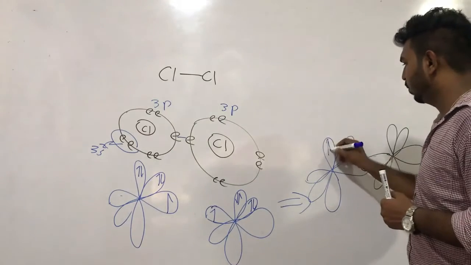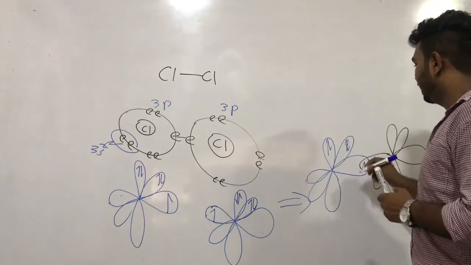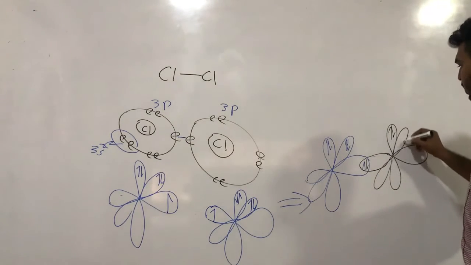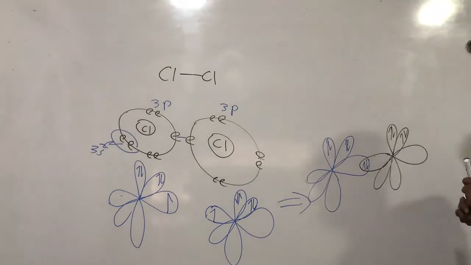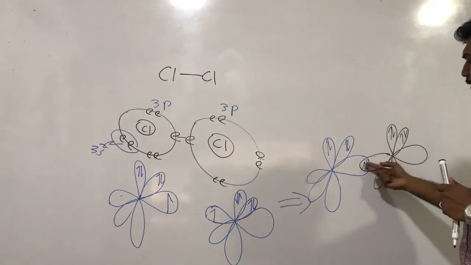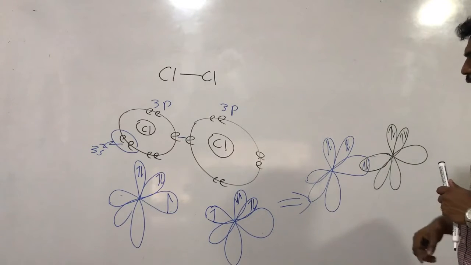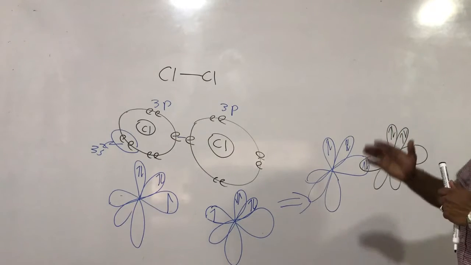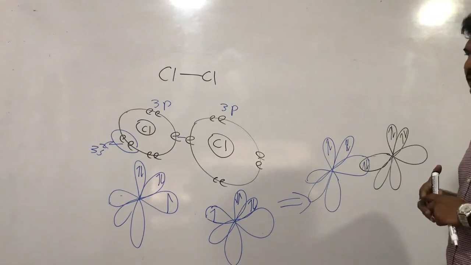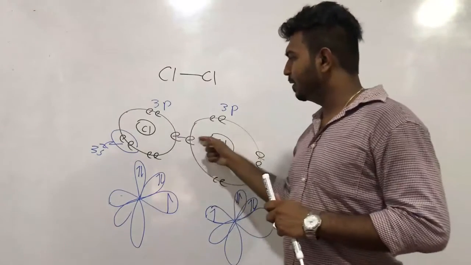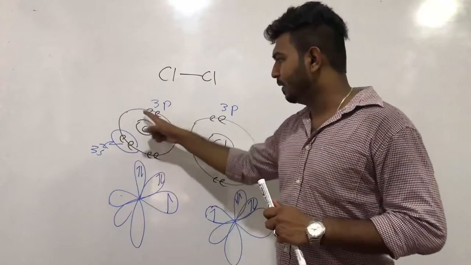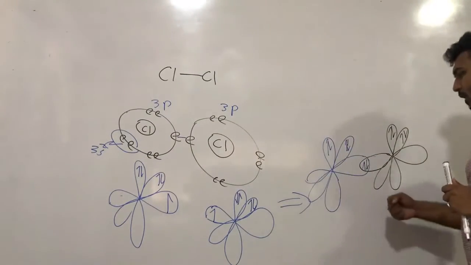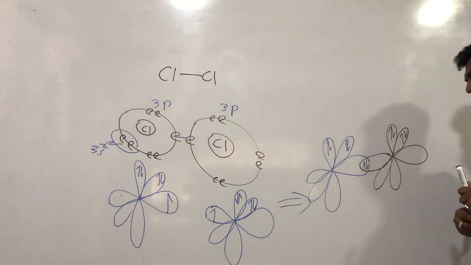Since this one has 2 electrons and 1 electron here, and there is another electron, now we can see these two chlorine atoms share 2 electrons. So now they have 8 electrons in the outermost shell. Their configuration is stable, since when these 2 electrons are shared, this chlorine has 8 electrons and the other chlorine has another 8 electrons. So now the electron configuration is stable.